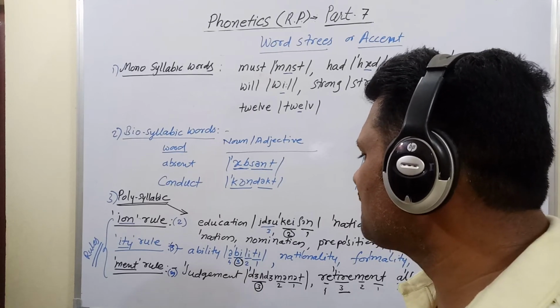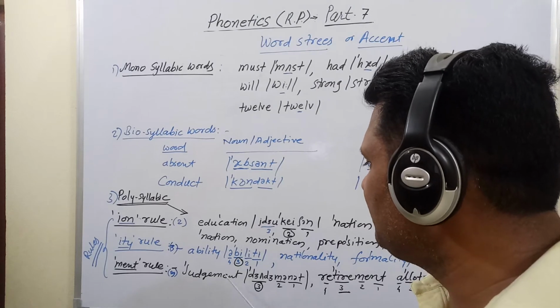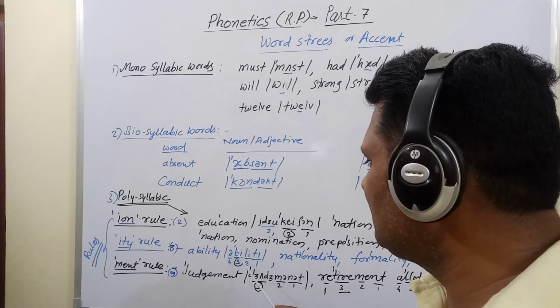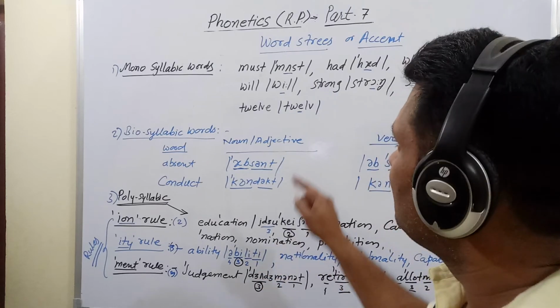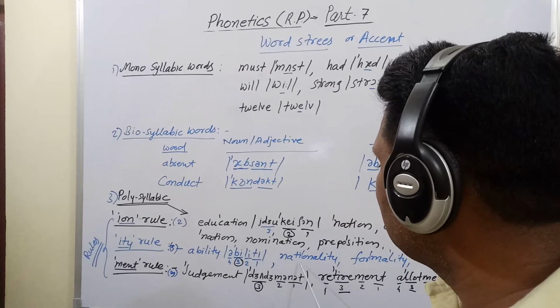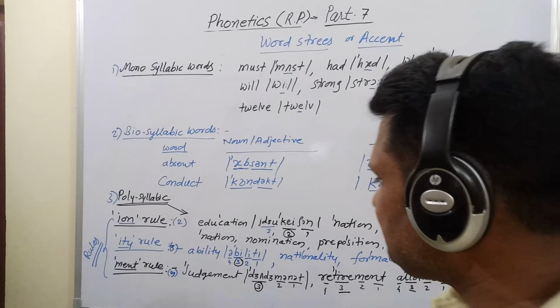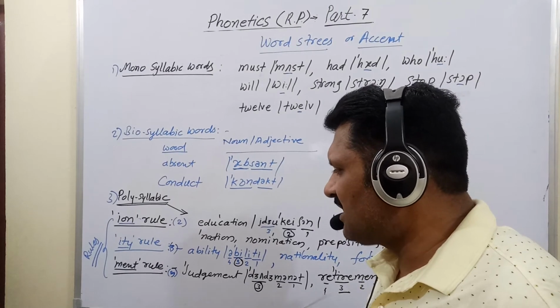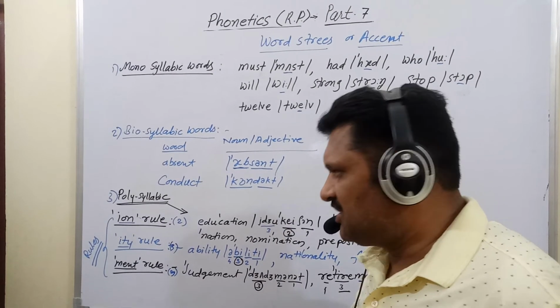Here bi becomes strong, and the pronunciation of this word is ability. This syllable becomes very weak. Here nationality, here mortality, here capability. In this way we pronounce the words ending with ity.